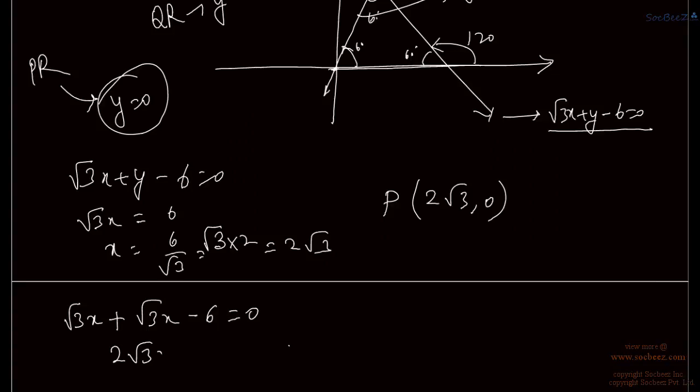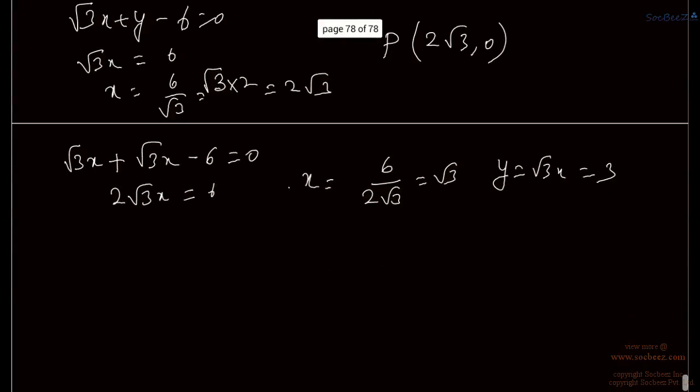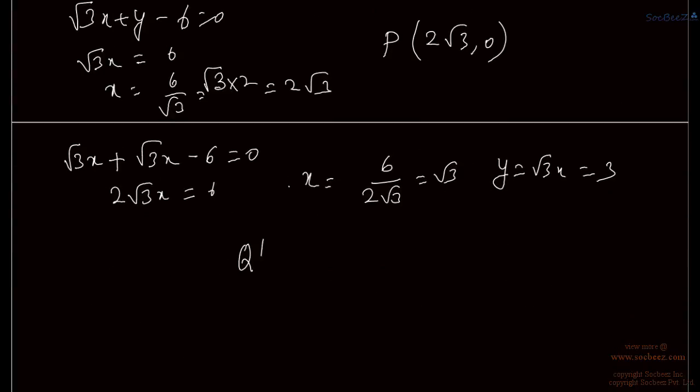So we have 2 root 3x is equal to 6, or x is equal to 6 upon 2 root 3, that is root 3, and y is equal to root 3x, which means 3. So we have the coordinate of point Q as (root 3, 3), and we know the coordinate of point R, which is (0, 0).